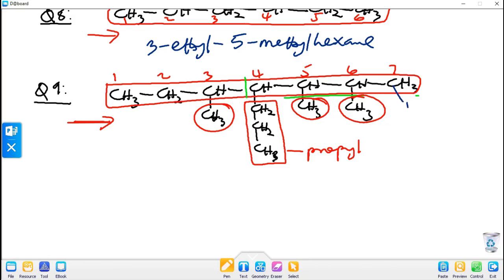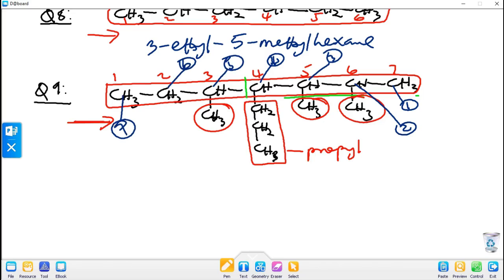This will be carbon 1, this will be carbon 2, this will be carbon 3, this is still carbon 4, this will be 5, this will be 6, and this will be 7.